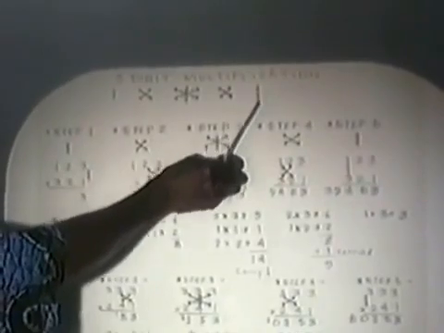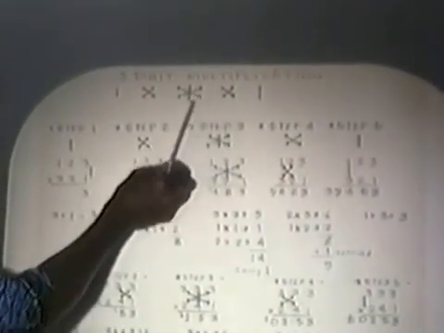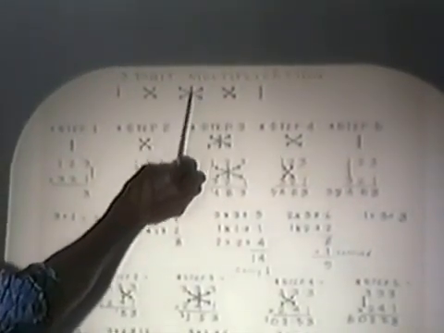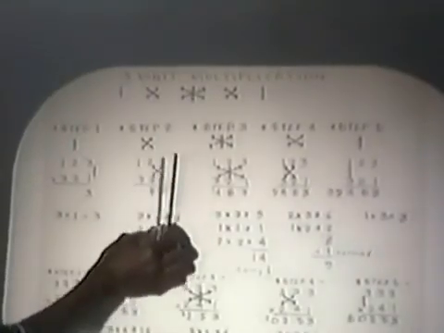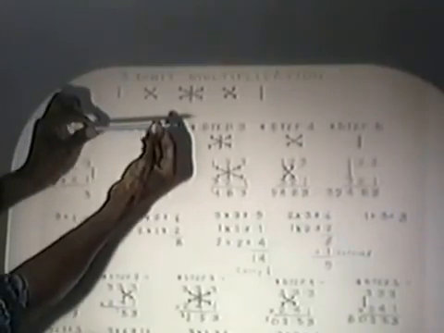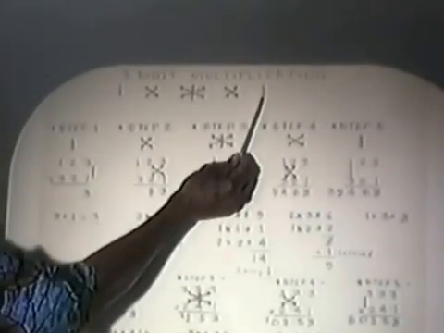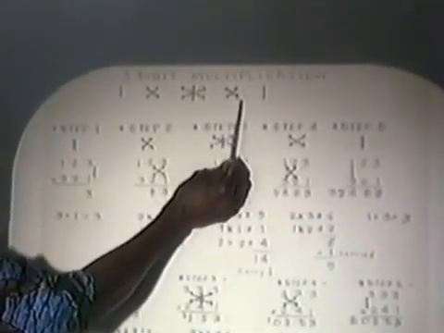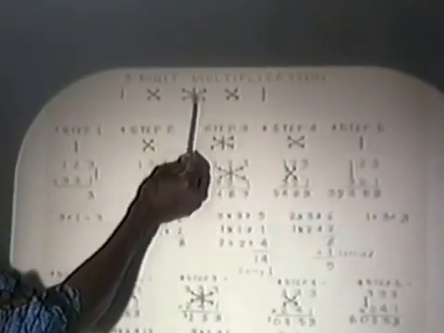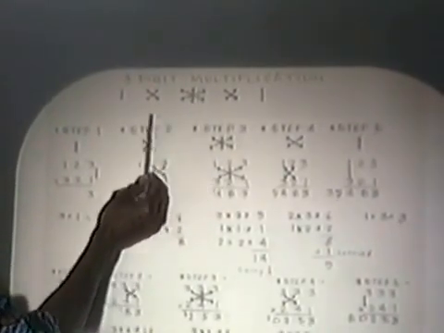Vertical multiplication, cross multiplication, and vertical multiplication. The way I'm holding this pencil is vertical. When I hold it this way is horizontal. This is vertical multiplication, this is cross multiplication, this is cross multiplication and vertical multiplication.